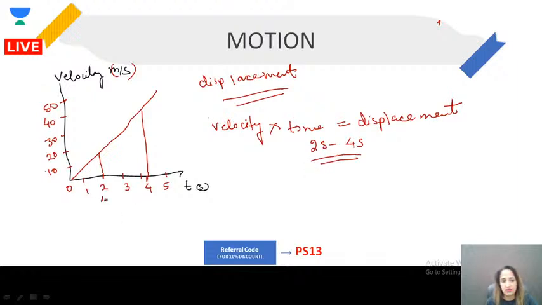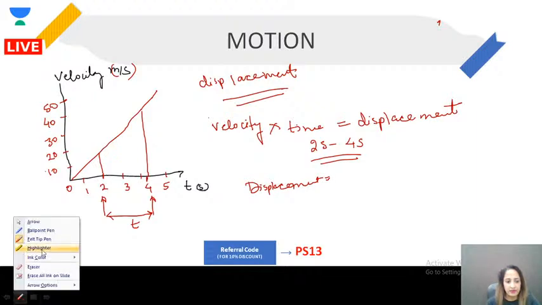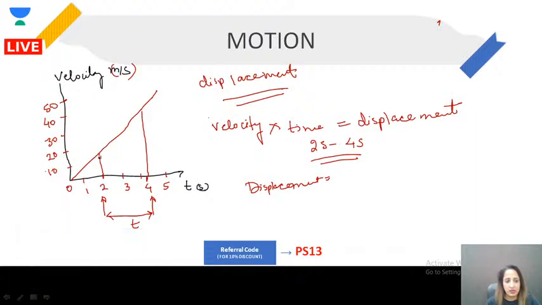But here we have to calculate the displacement from 2 seconds to 4 seconds, right? That is what I said. We have to calculate how much the object moved from here to here in this given time t. Okay, so displacement is equal to the area that we will take now.